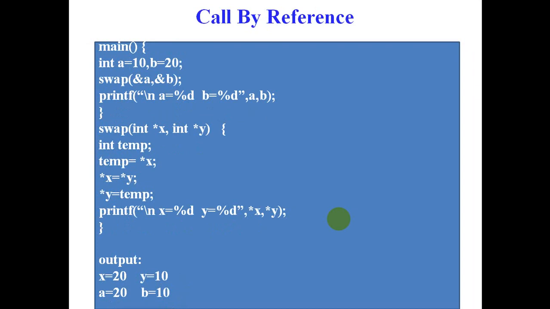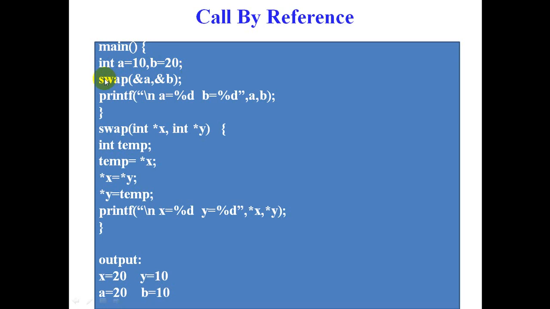Next we will see call by reference. Same as before, first we are going to take a header file, #include <stdio.h>. Next we will take the main function. Inside the main function I have taken two variables a and b, of integer data type, and the value of a is 10 and the value of b is 20.